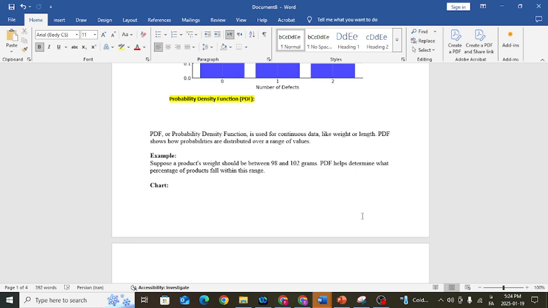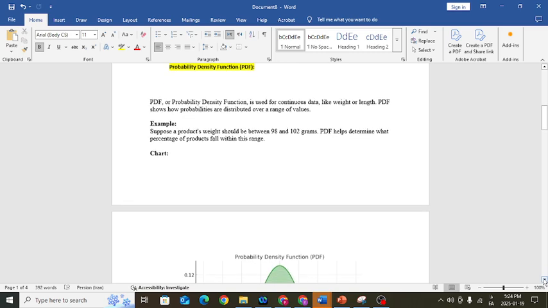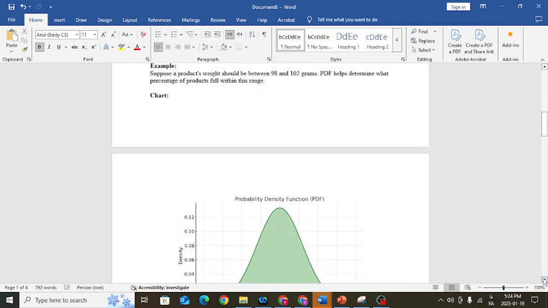The PDF shows how probabilities are distributed over a range of values. For example, suppose a product's weight should be between 98 and 102 grams. The probability density function helps determine what percentage of products fall within this range.